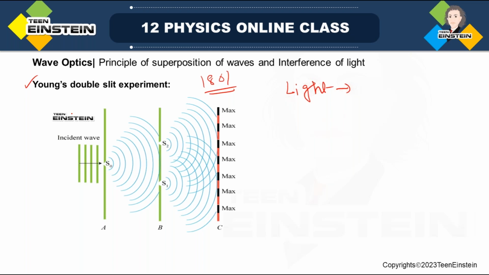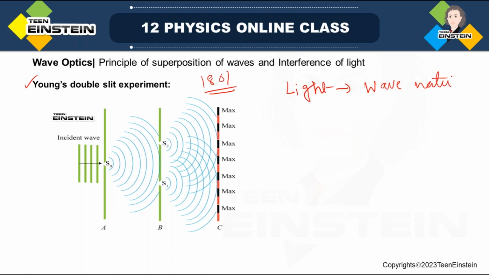Okay, so Young's double slit experiment is on the interference phenomenon. When he could demonstrate the interference phenomenon by doing this, we'll be explaining this interference phenomenon in terms of wave theory. So he could actually establish that light has wave nature.